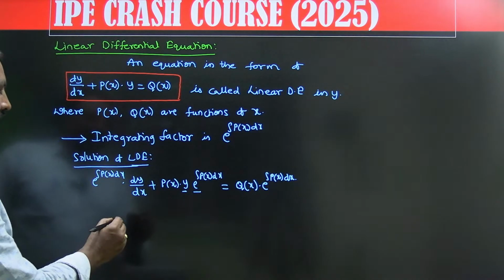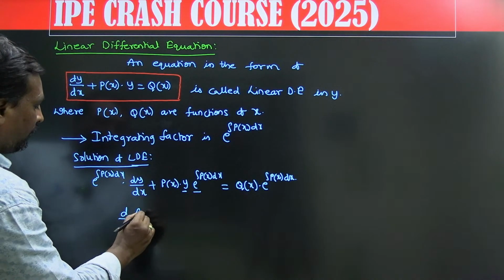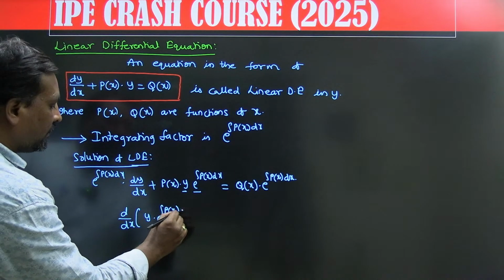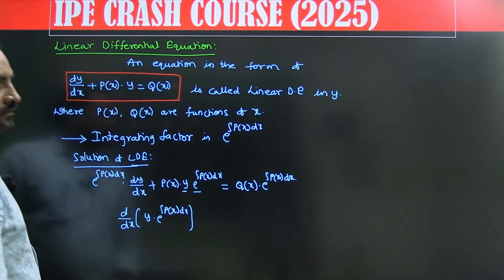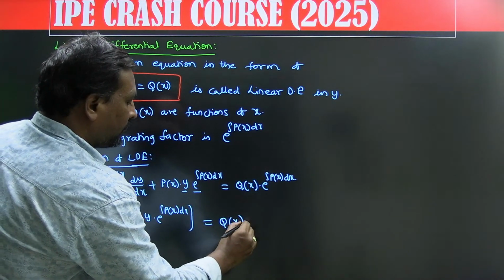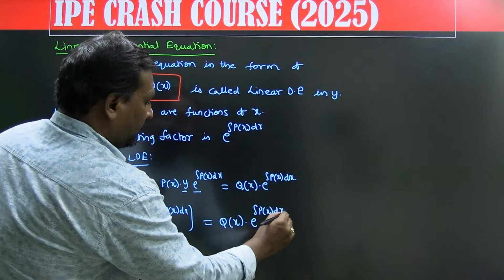So this value we can write as d by dx of y into e power integral p of x dx is equals to q of x into e power integral p of x dx.